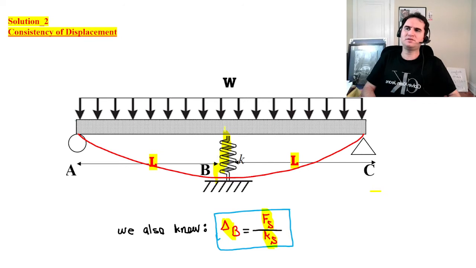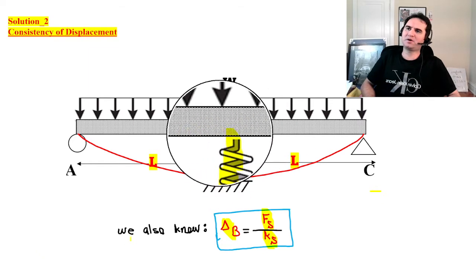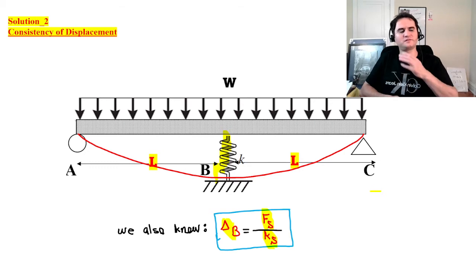At the same time, if you look at this point, you can easily see the spring and beam are connected to each other, so they should move with each other, either upward or downward. There is no other way but moving the same distance. That's how consistency of displacement comes into play and makes the problem even simpler than the moment area method.